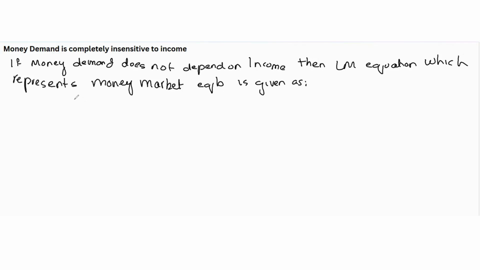We know the LM equation is given as real money supply equal to real money demand. It's just going to be a function of R now.